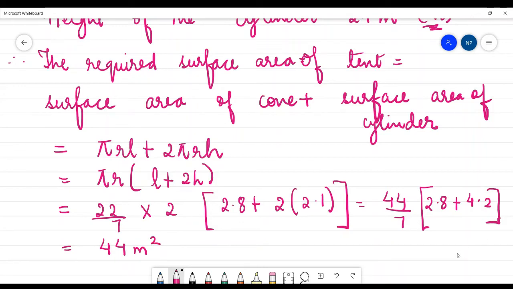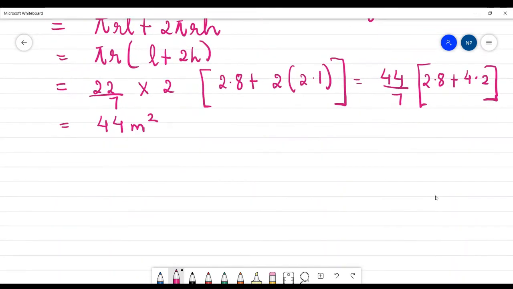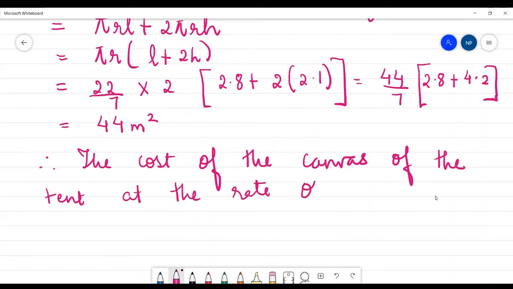So, after taking out the surface area of the tent, we need to find out the cost as well. It is given in the question that the cost of the canvas of the tent at the rate, given already, children, of rupees 500 per meter square will be how much?